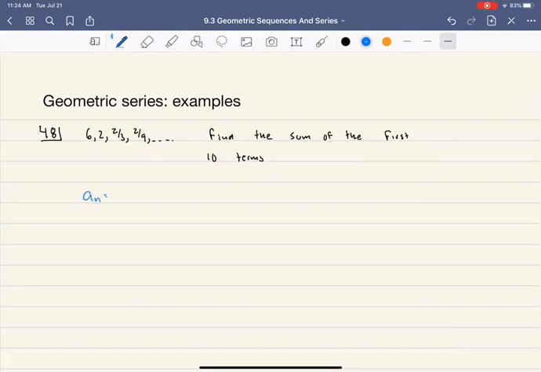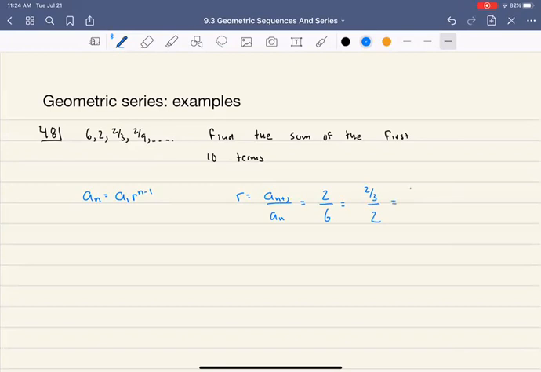a sub n equals a sub 1 r to the n minus 1. r equals a sub n plus 1 divided by a sub n, which in this case we're going to take 2 over 6, which we've got to check. Does that equal 2/3 divided by 2?